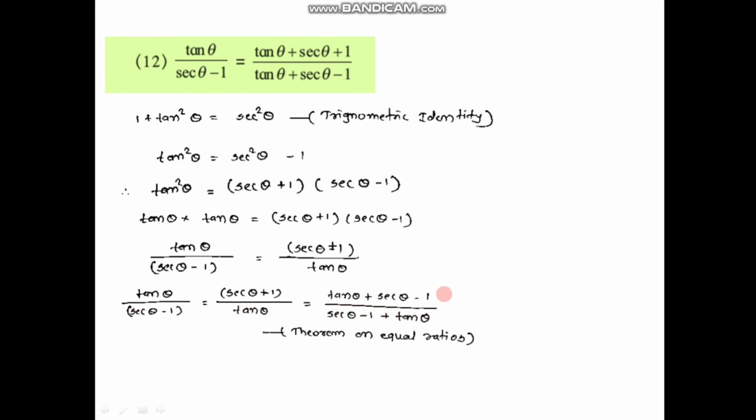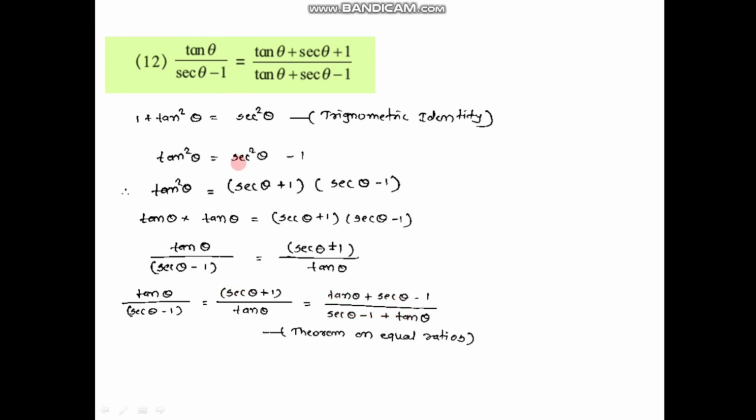So this is the ratio we got by adding these two. So this ratio must also be equal to both of them. That means this is the theorem on equal ratios. So by that we can write tan theta by sec theta minus 1 is equal to sec theta plus 1 divided by tan theta, and that is equal to tan theta plus sec theta minus 1 divided by sec theta minus 1 plus tan theta.